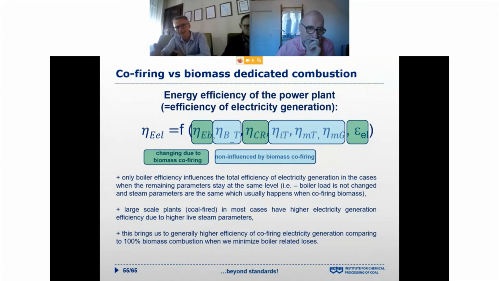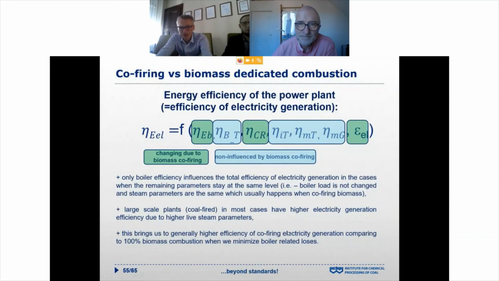So that's again something which brings our total energy efficiency of the power plant down. If we don't change the boiler load, and if we manage to keep the steam parameters the same in terms of the live steam and the reheat steam, then we can forget about this Clausius-Rankine efficiency change. But if we cannot do that, we should consider that.